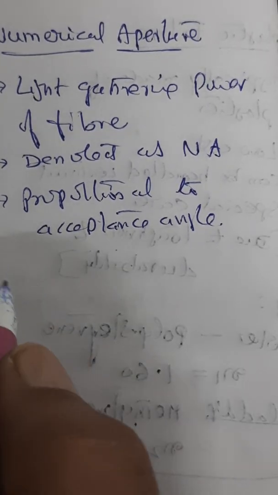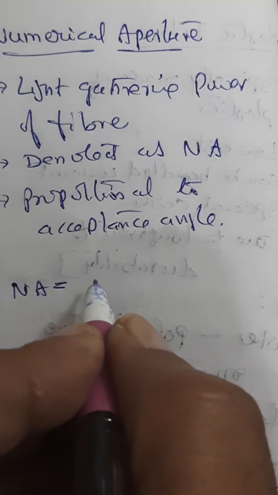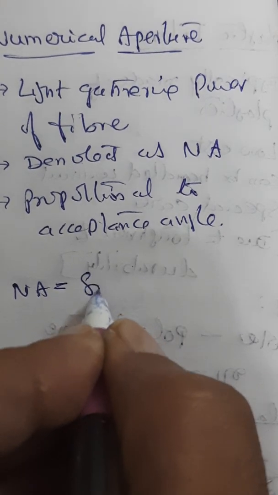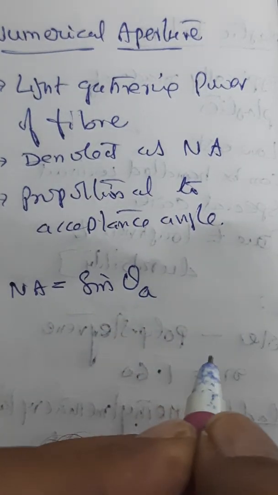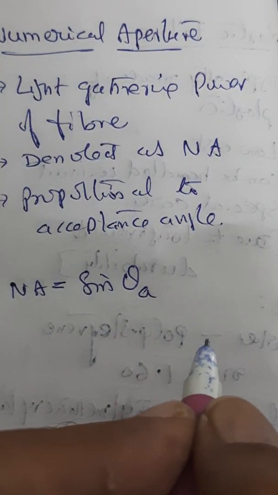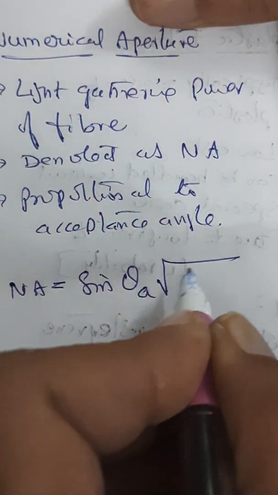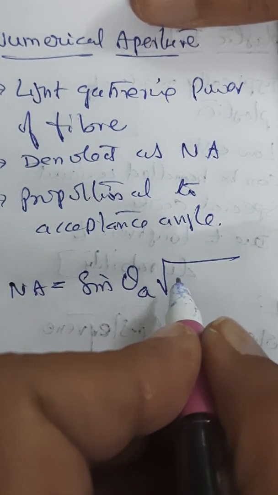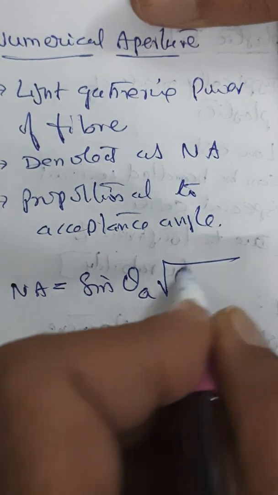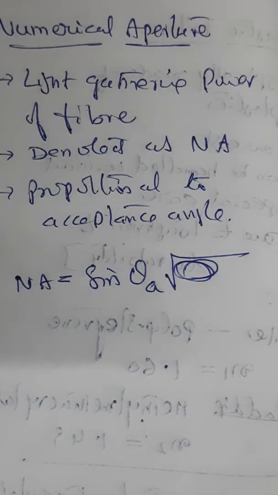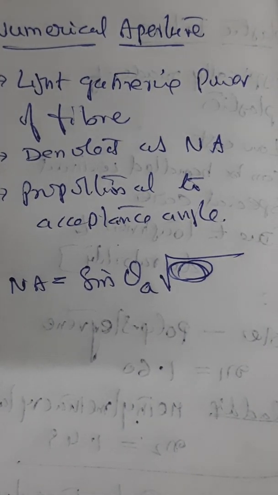Therefore, mathematically, the numerical aperture value is equal to the sine of the acceptance angle. What is sine theta A?